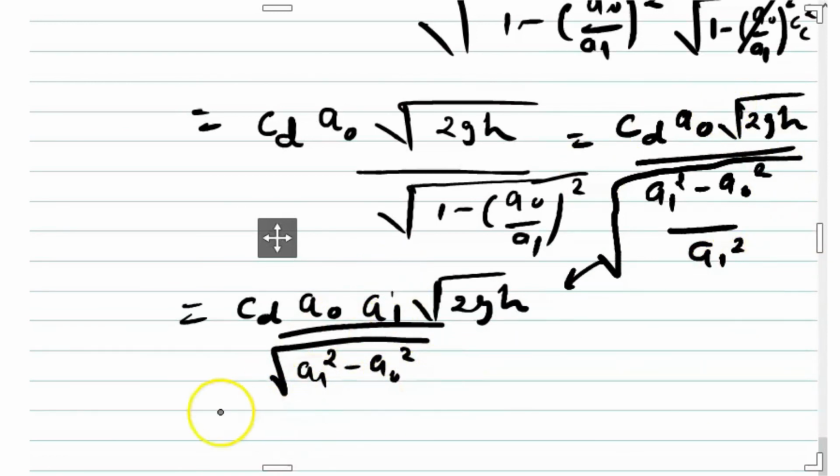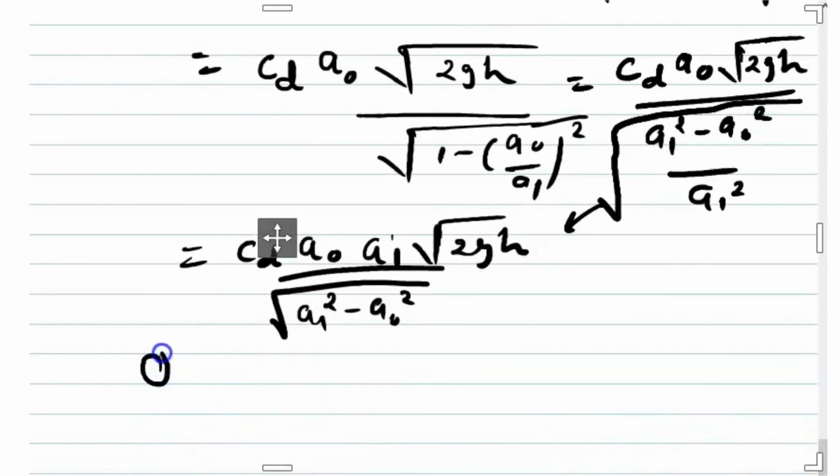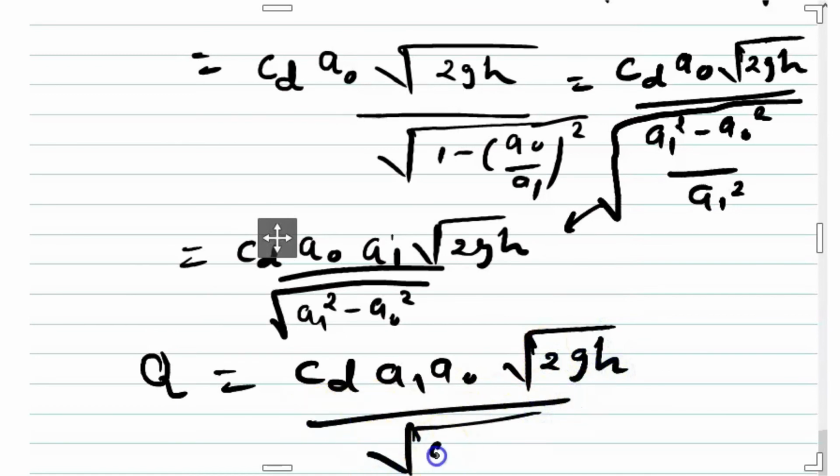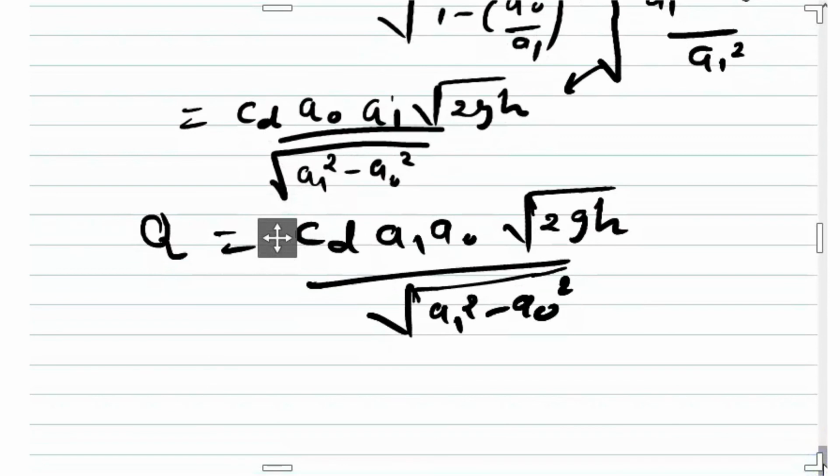This is the equation of discharge through the orifice meter: Q is equal to CD A1 A0 under root 2gh divided by under root A1 square minus A0 square. Here CD is the coefficient of discharge of the orifice plate.